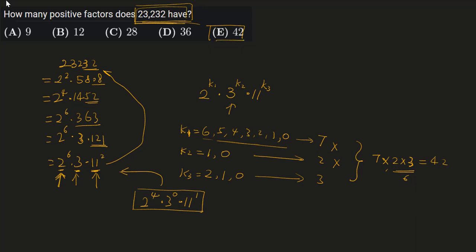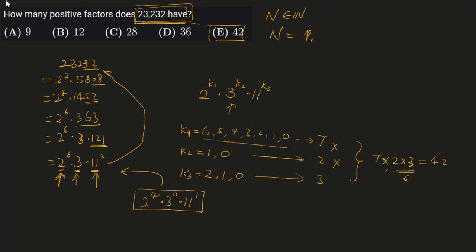Before we end this video, I just want to generalize this problem. Let's suppose we have a positive integer, and suppose this integer can be prime factorized like this. Let's rank the prime factors from the smallest to the largest.